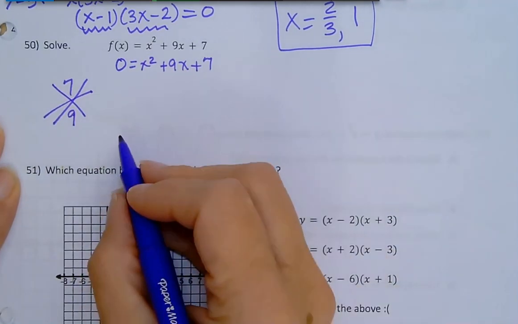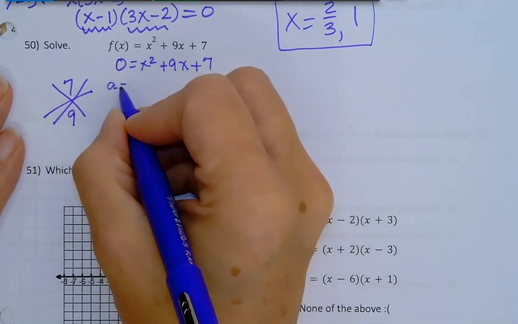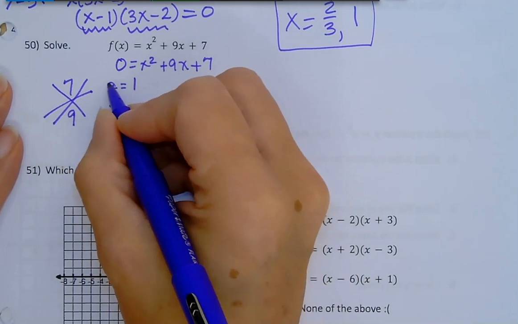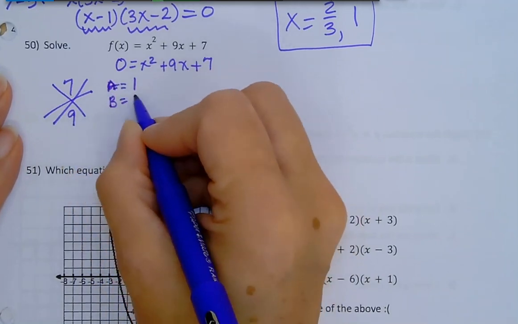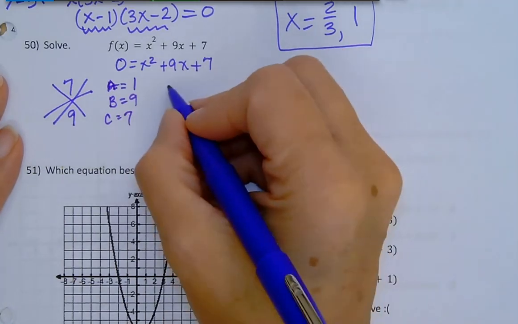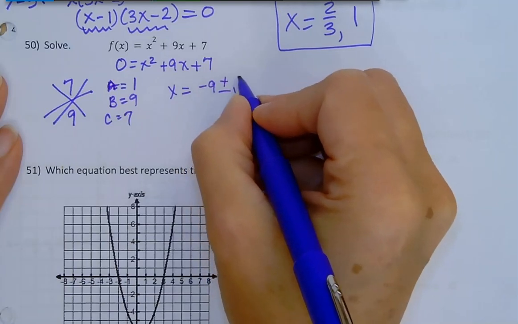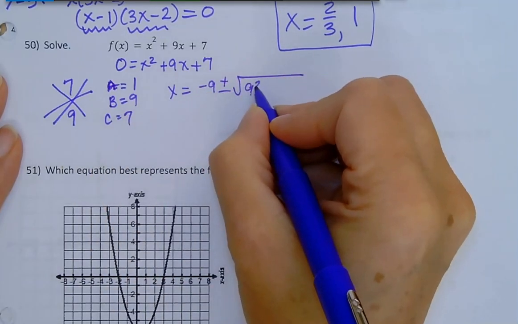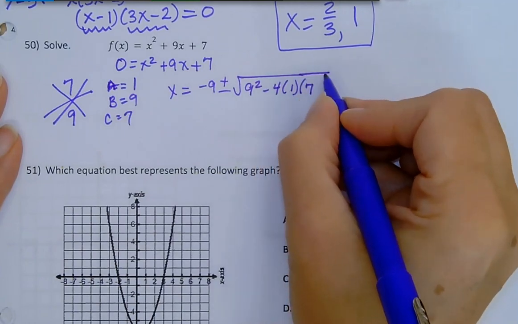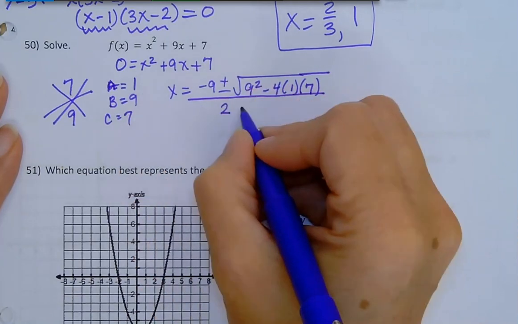Okay, so I'm going to plug in my A. A is 1, B is 9, and C is 7. So remember, the quadratic formula: x equals negative b plus or minus the square root of b squared minus 4 times a times c, all over 2a.